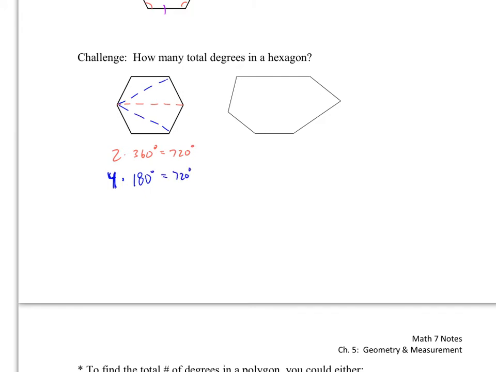So break it into quadrilaterals, break it into triangles, break it into something you know. I revert back to triangles because all polygons can be broken into triangles. Not all of them can be broken into quadrilaterals.